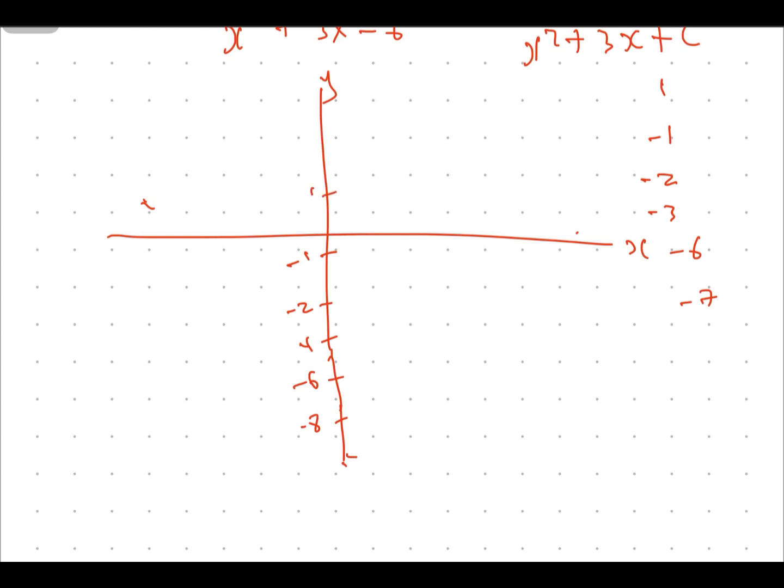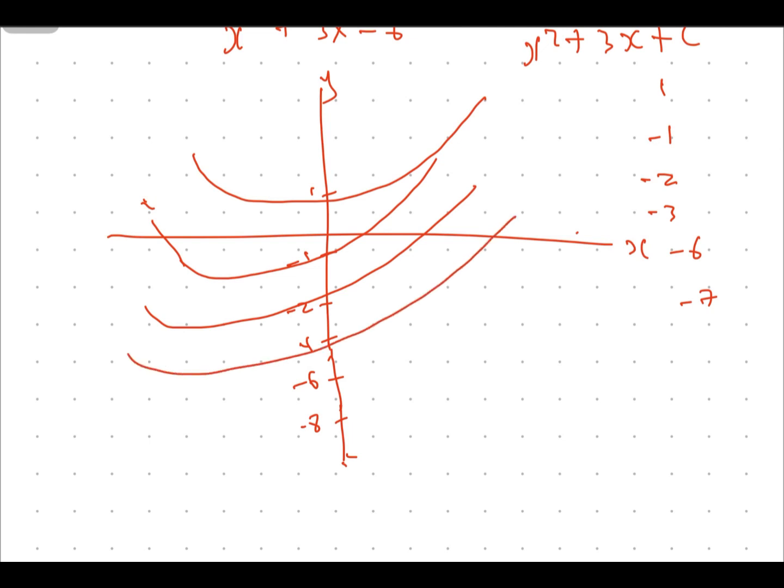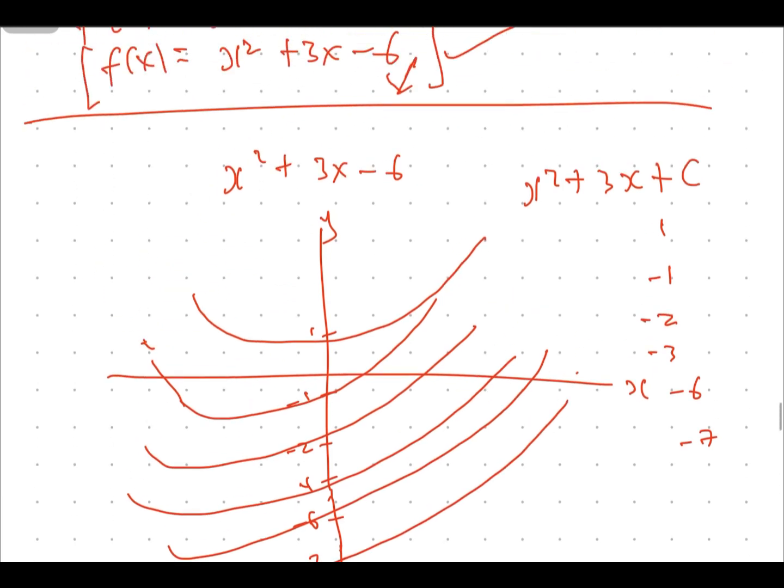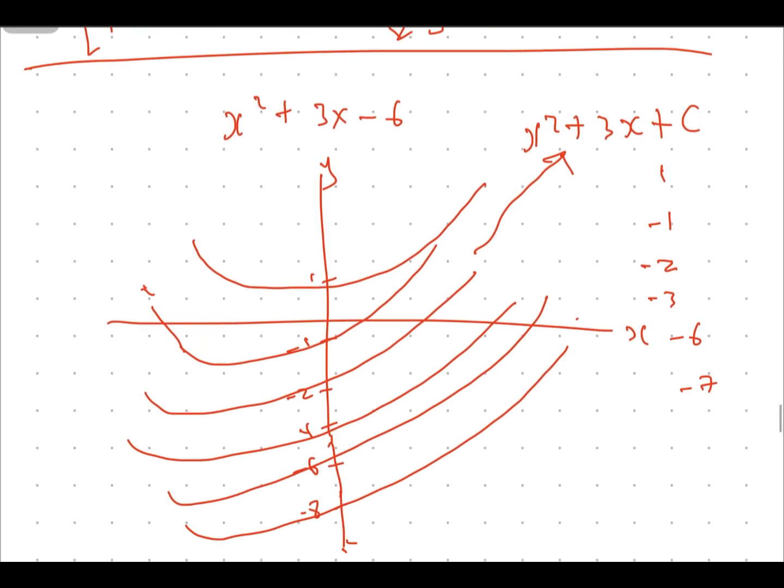And then we have 1 as well. So if my function has this structure, it will be something like this. This is how my functions will be.